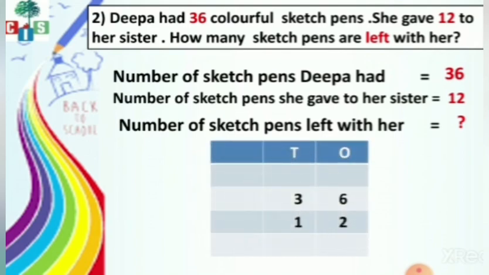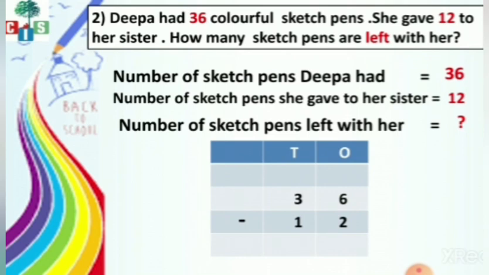Here, the numbers are already written under the correct column. But I have not used the sign. Which sign will come? Minus. That's correct. Now, let's start from the ones column. 6 minus 2. 6 minus 2 can be done, right?